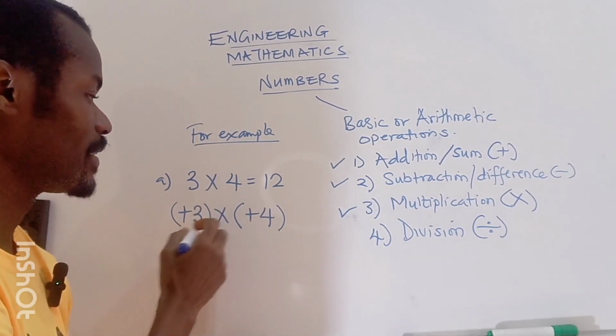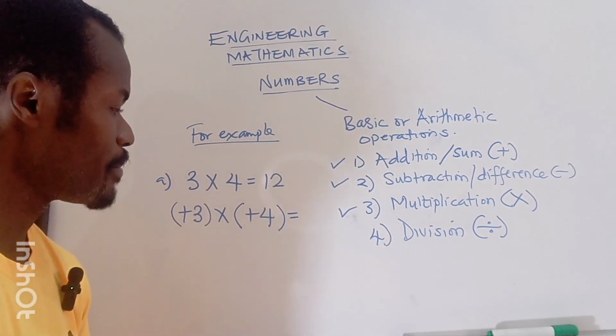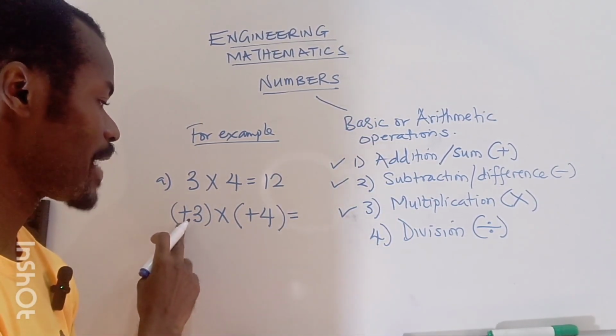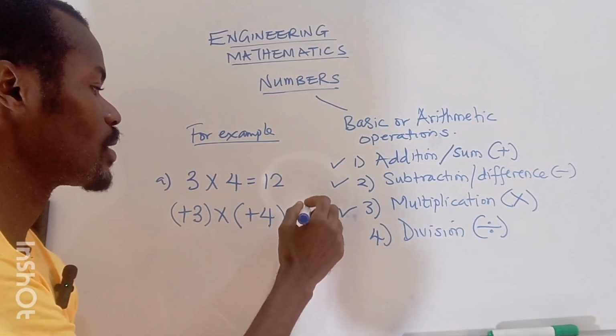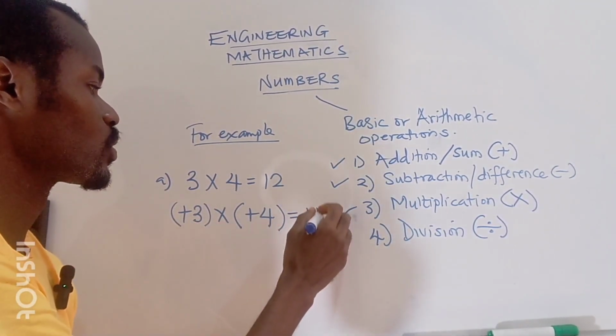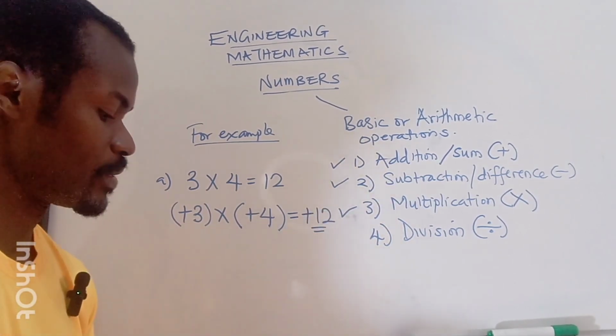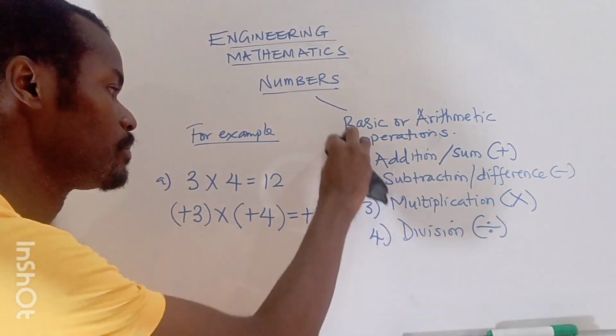You can as well cover this. So now remember, when you're multiplying two positive numbers, the answer always ends positive. So 3 times 4 is 12.